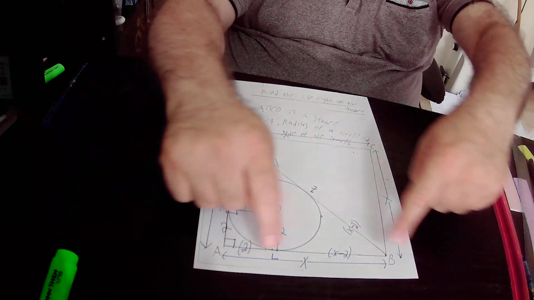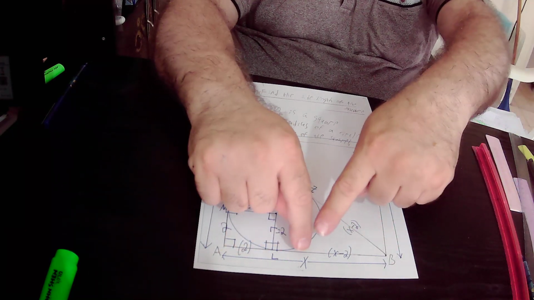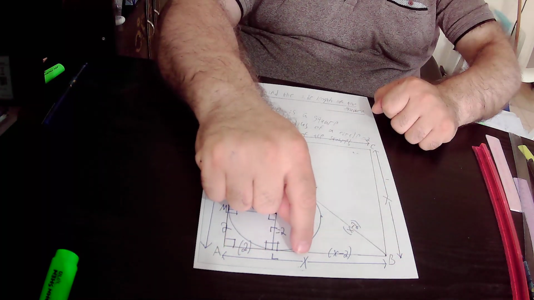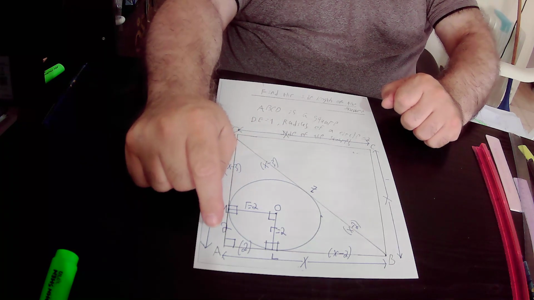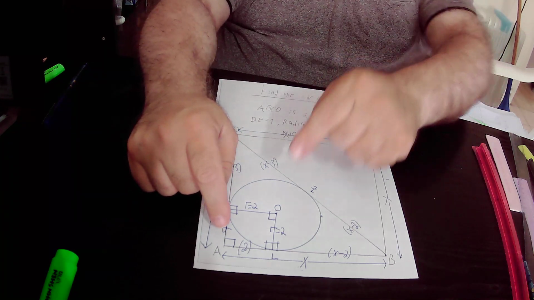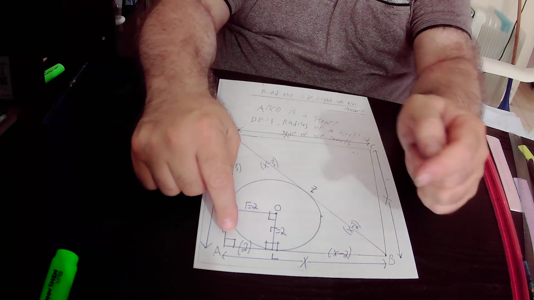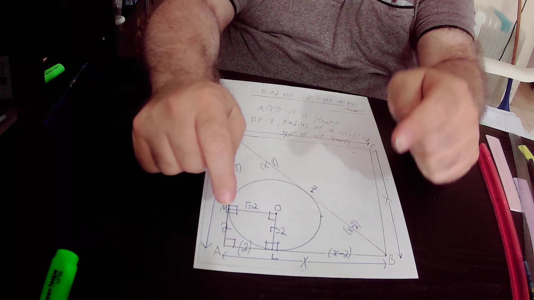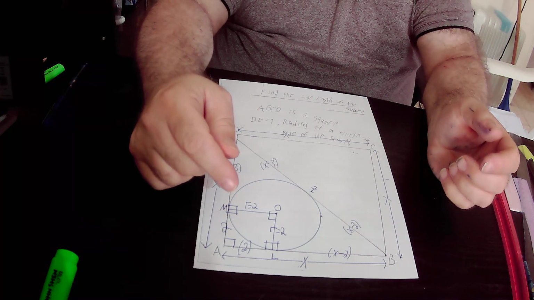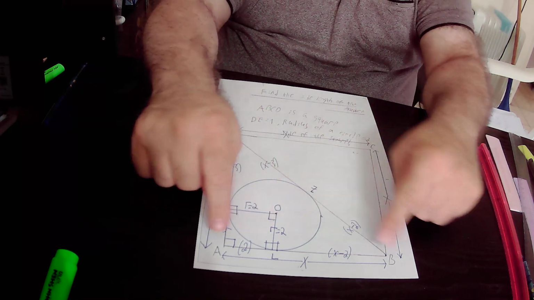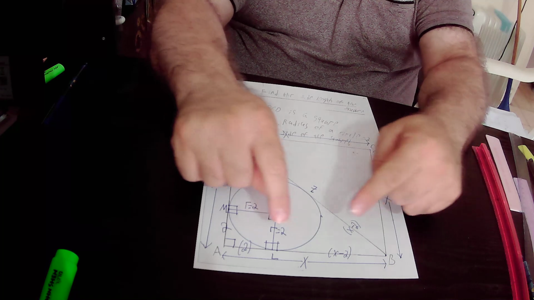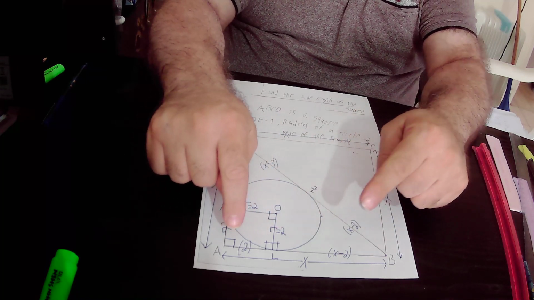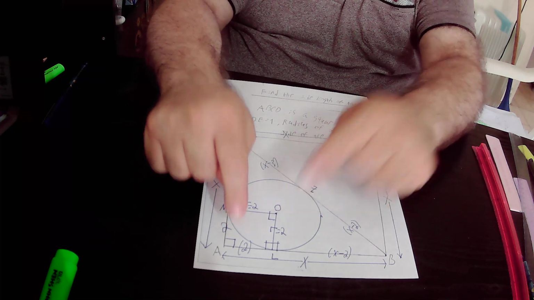X is equal to AB, so this is x, and x equals 1.62 according to the first solution. While AL is equal to 2 units according to what we have already found. But from the drawing it is obvious that x is longer than AL, and AL itself equals 2.